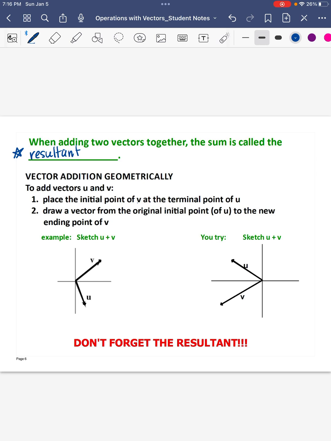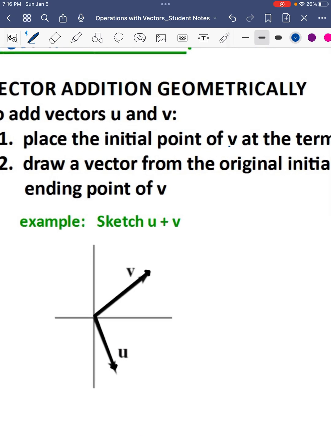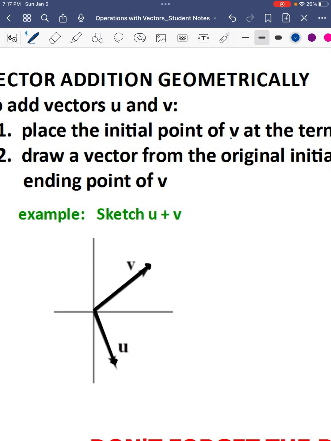Look at the first example. It says sketch u plus v. All right, so we're going to focus in on just this first one. u is the first vector. We're going to add v to it. So that means we're going to take vector v and put it at the terminal point of u. So I'm going to start here at the terminal point of u.